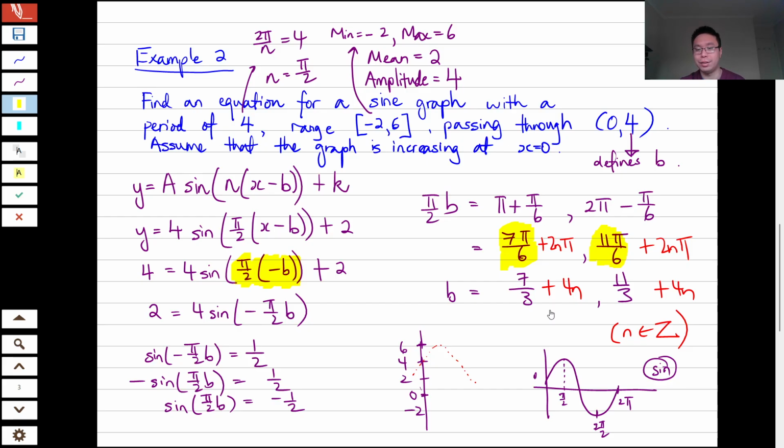Okay, so now I want you to think about this carefully. If I choose b equals 7 on 3, what happens?